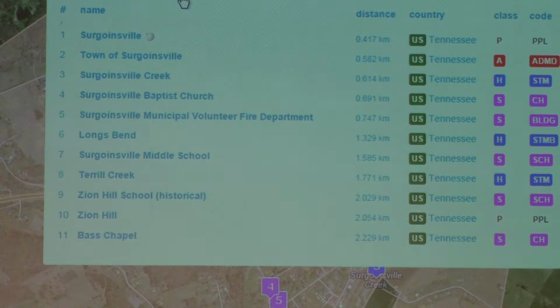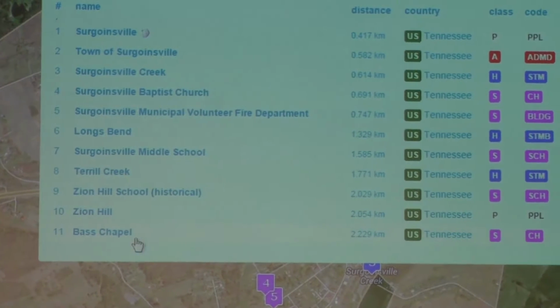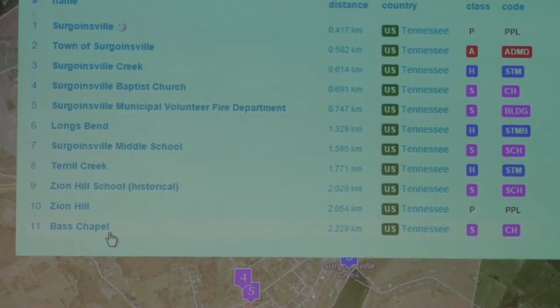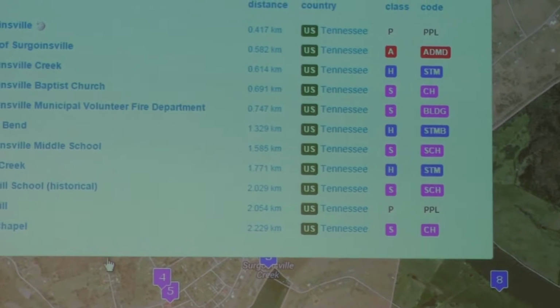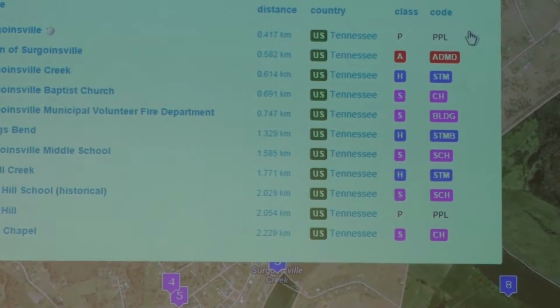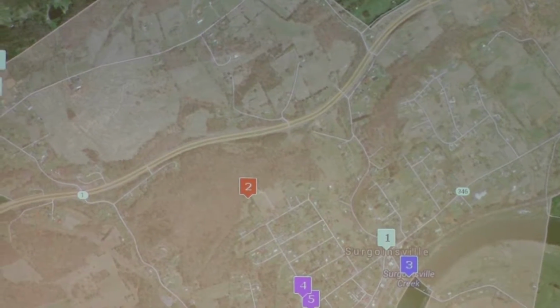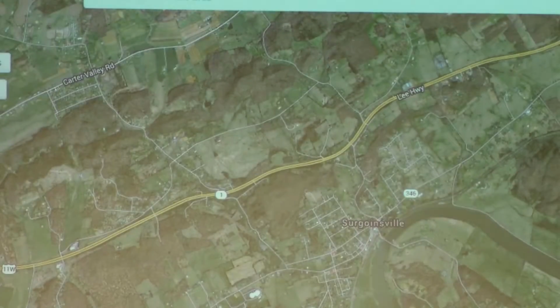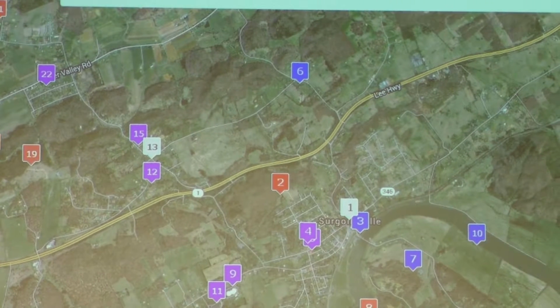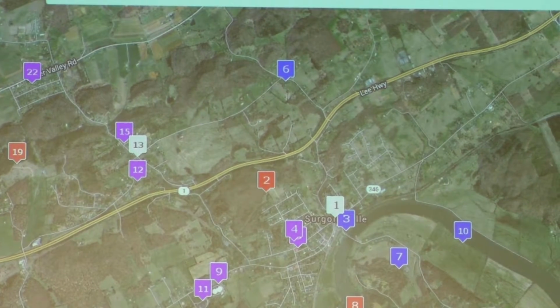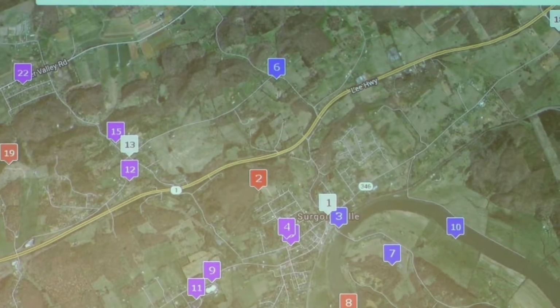So here we have Baptist Church, we have school, we have a chapel, and then let's go back out a little ways. We shut this up, then we can zoom out more and get more of those markers. What they're picking up are all the different important geographical locations on the map.